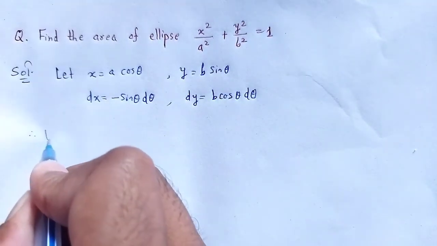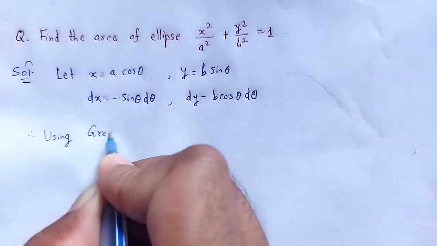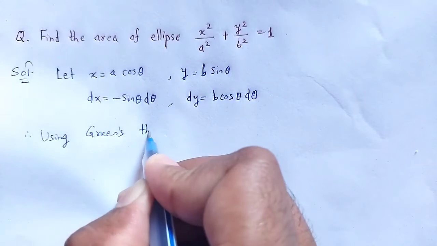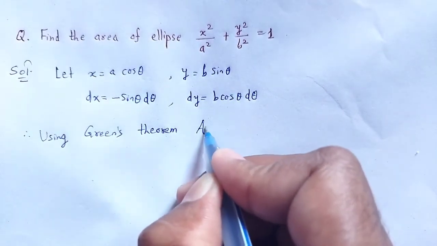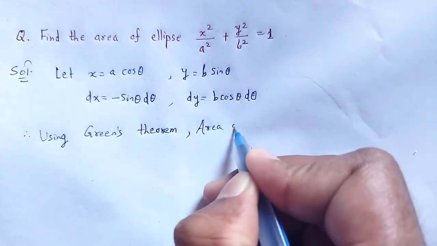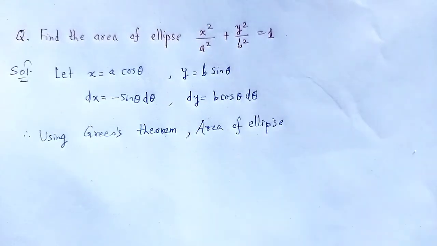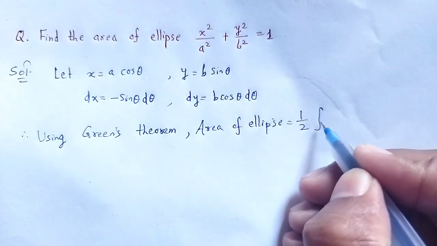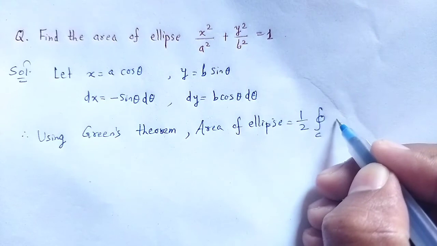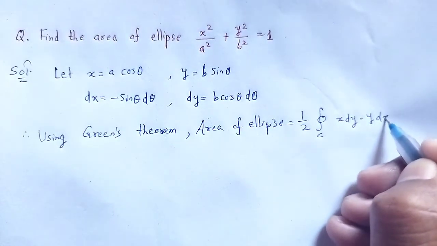Therefore, using Green's theorem, the area of the ellipse is equal to half the closed curve integration over c x dy minus y dx.